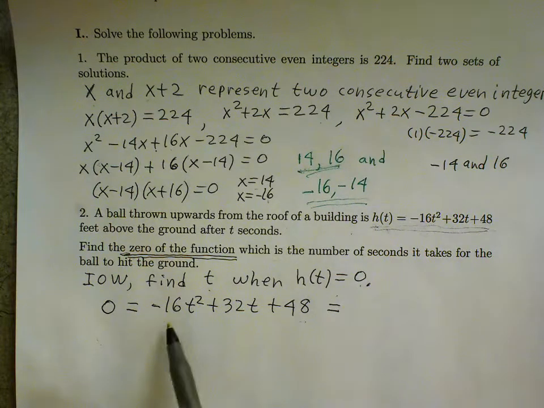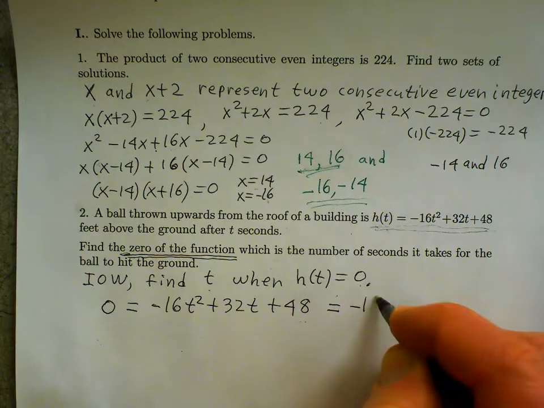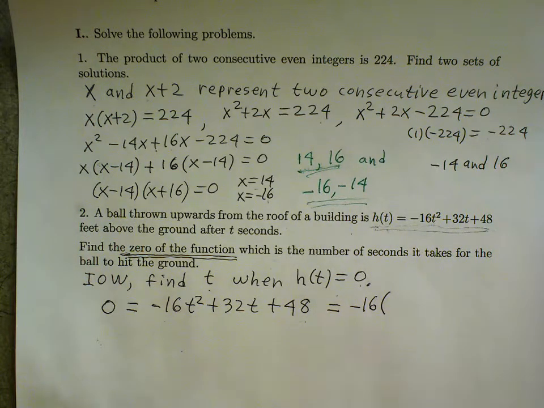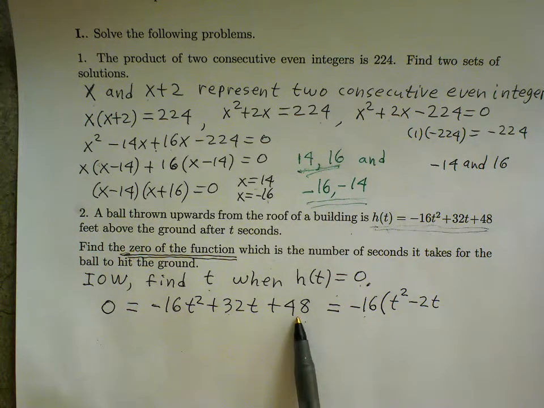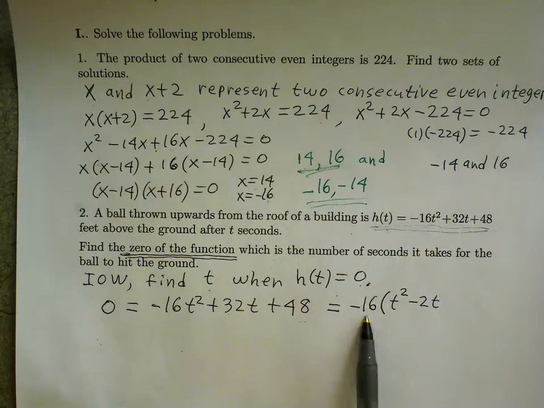But my general advice is that if the leading coefficient is negative, then factor the negative of the greatest common factor out of all three terms. So if we factor negative 16 out, we get negative 16 times t squared, because negative 16 t squared divided by negative 16 is t squared. Positive 32t divided by negative 16 is negative 2t, so we write minus 2t. And 48 divided by negative 16 is negative 3.